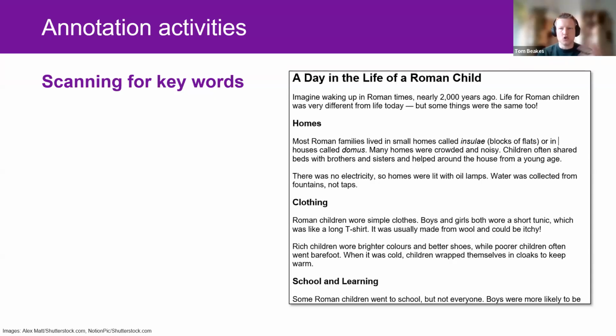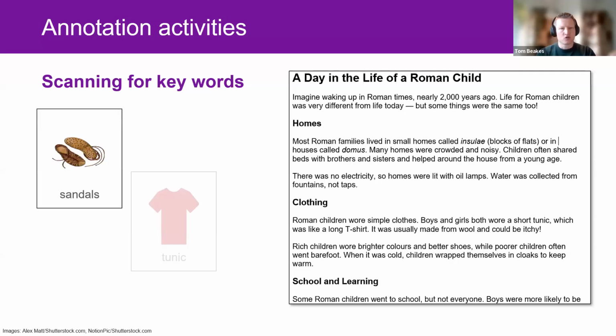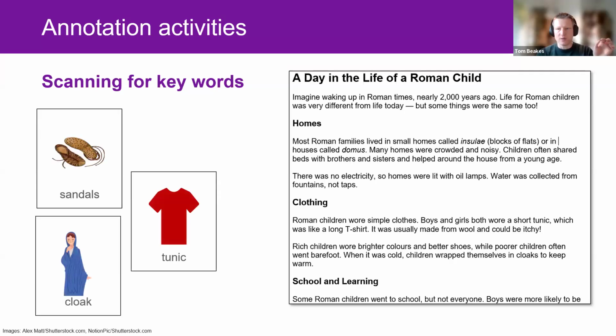And let's imagine we've got two new to English learners, and they're working together in the group that's talking about clothing. And to support those learners, we might give those children a list of clothing vocabulary with illustrations, so it's very clear what each word is referring to. And then they simply have to scan the text and identify the words.